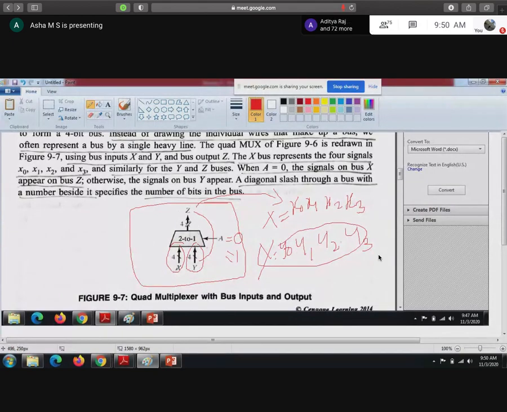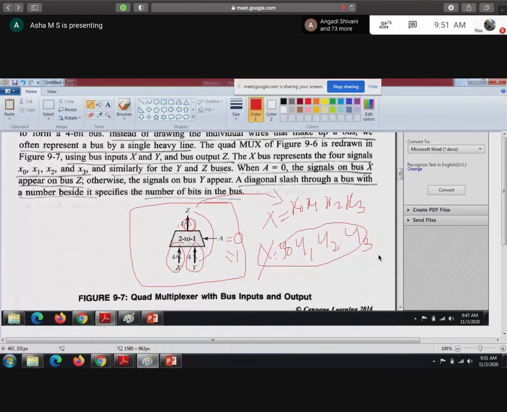One more thing you can see here: along with the bus line, the thick line, I have a diagonal slash with one number. Hope you can see. This thick line represents the bus, and the diagonal slash with the number specifies the number of bits available along this particular bus.